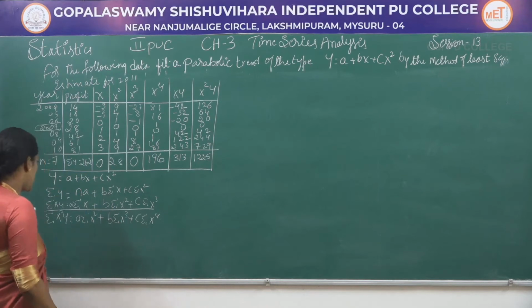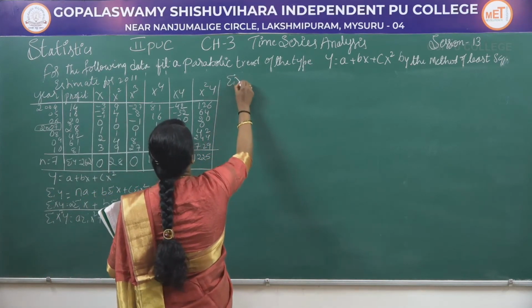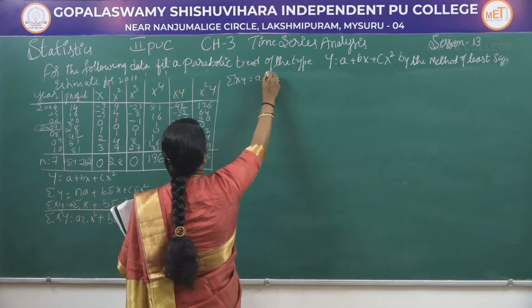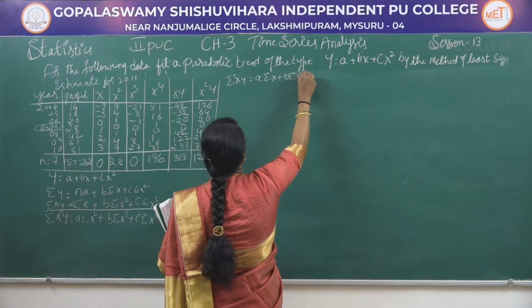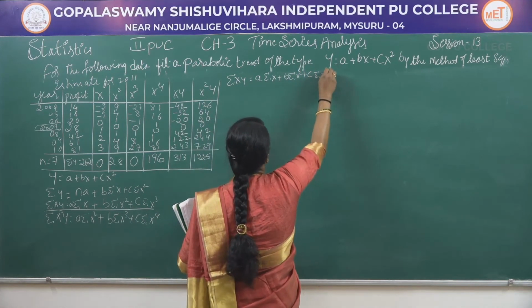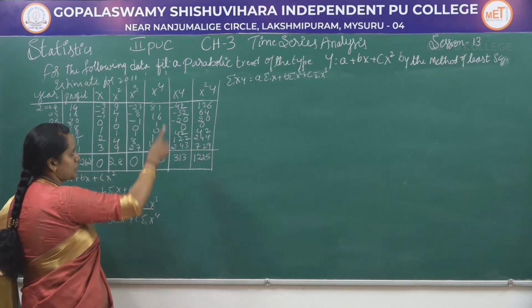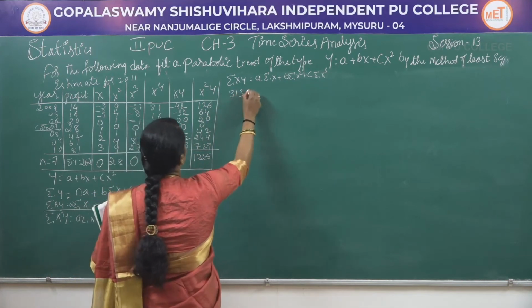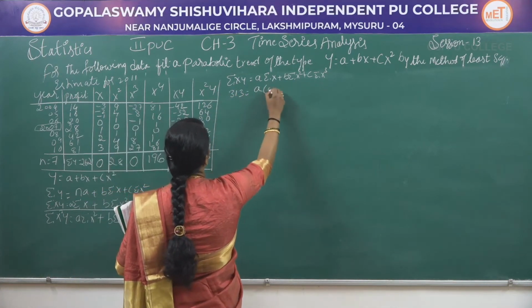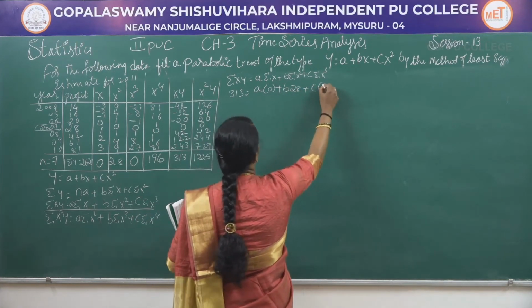So consider the second equation, that is summation xy is equal to a into summation x plus b into summation x square plus c into summation x cube. First substitute the values for this equation. Summation xy, the total is 313 is equal to a into summation x which is 0, plus b into summation x square which is 28, plus c into 0.